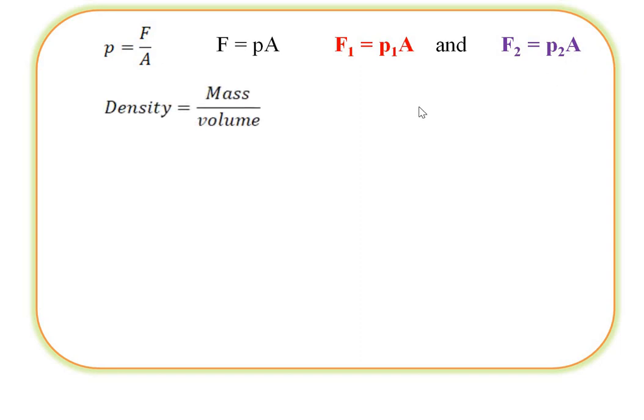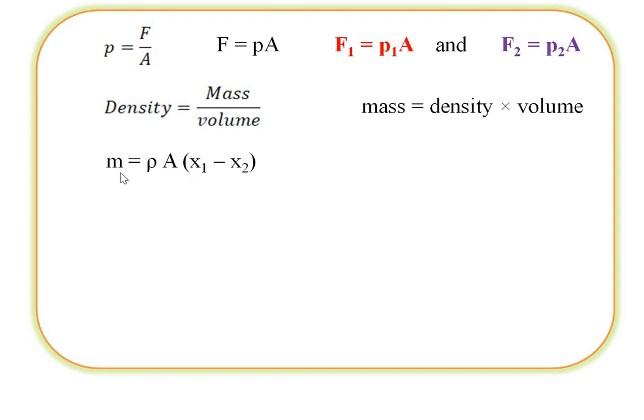As we know that density is equal to mass divided by volume, so mass is equal to density into volume. So mass is equal to density, that means rho as it is, and volume in terms of area into the height, that is area as A, and height x1 minus x2.